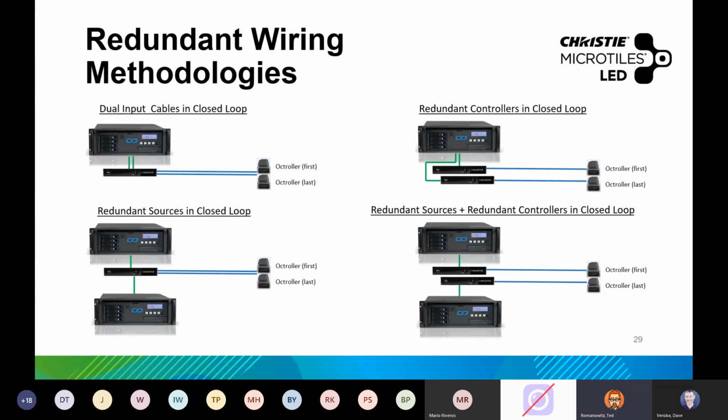And if you really want true 24/7 availability, the utmost design would be redundant sources, redundant controllers in the closed loop. That provides the highest level of failover in the system. So again, we can design to whatever level you need as an end customer. Next slide, please.